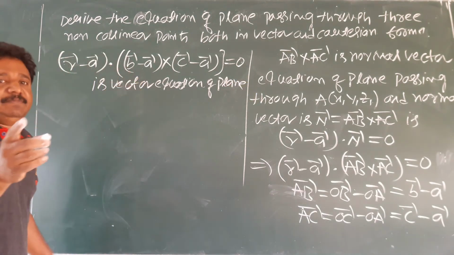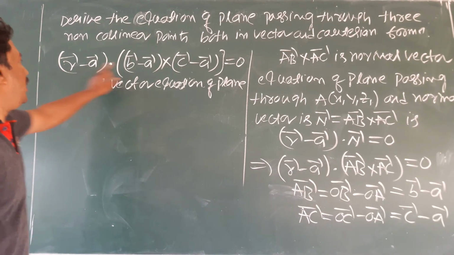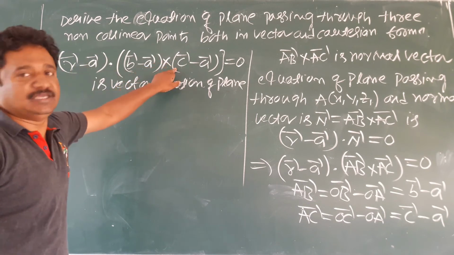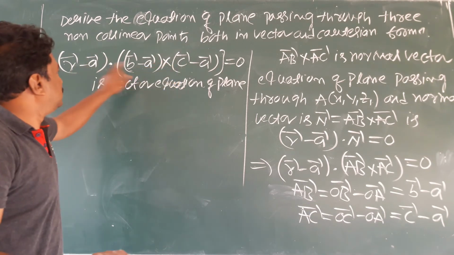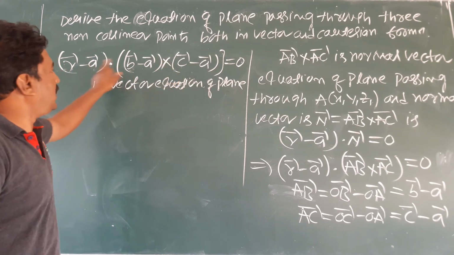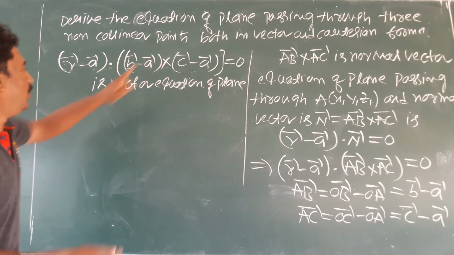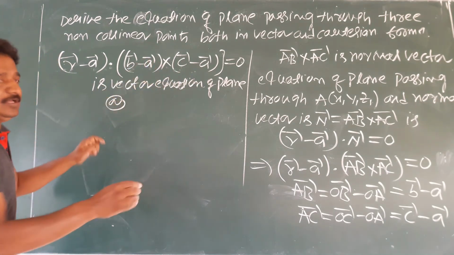You can easily remember it. Remembering this is so easy. Just remember RBC. You know that very well. So that is R minus A dot B minus A cross C minus A. Observe this, students.